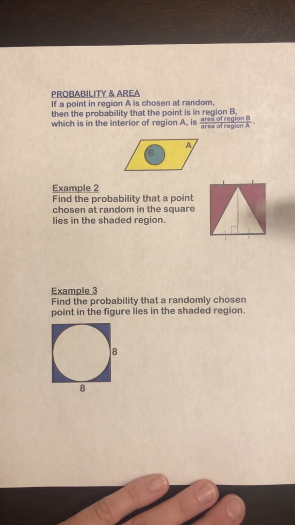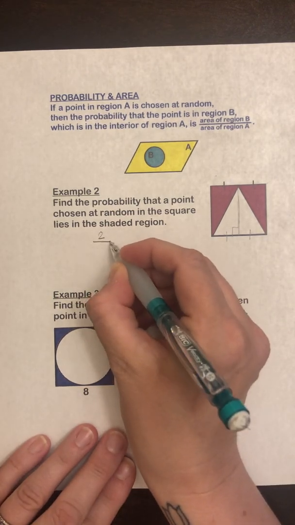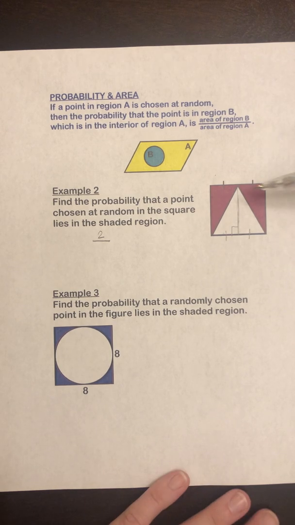So if you look at what we have, we want to land in the shaded region. Well, how many shaded regions are there? 1, 2. And they're equal, right? So there's 2 places we could land. Now, if we look at the picture as a whole, how many of those places of the same size exist?